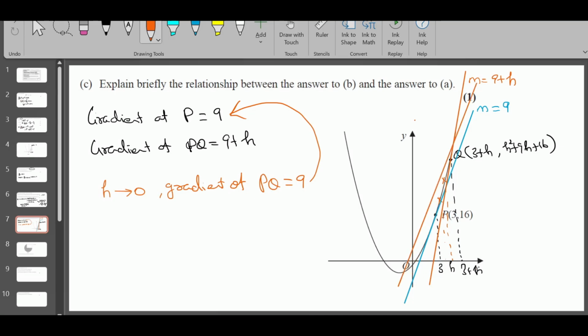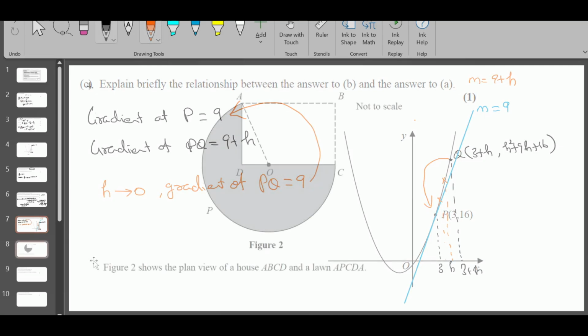When you move, comes here and then comes here. Slowly, the orange line will be same as the blue line when Q aligns with P. That means the gradient of PQ becomes the gradient of the tangent at P. So all you need to write, when h tends to 0, gradient of PQ is equal to 9. That's all.